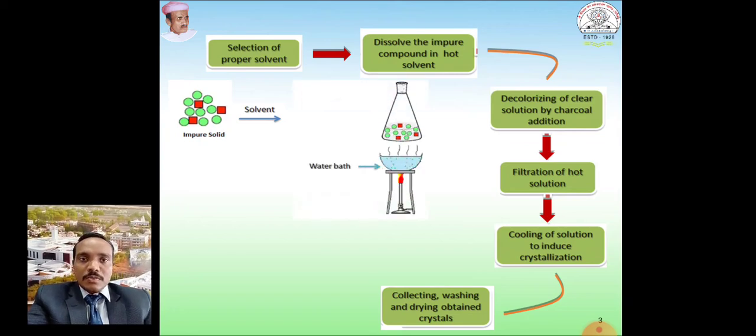So we dissolve this compound in the selected solvent. If it is an organic solvent, we need to use a water bath. If it is plain water, then we can go for direct heating. When the boiling point of the solvent is reached, your compound may get dissolved. If it does not dissolve, add a little more solvent to get it dissolved.